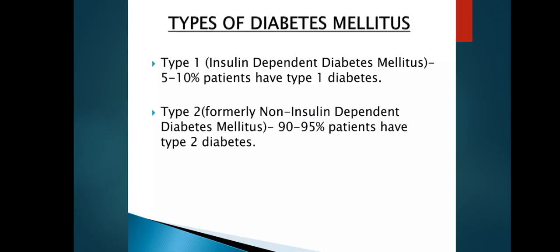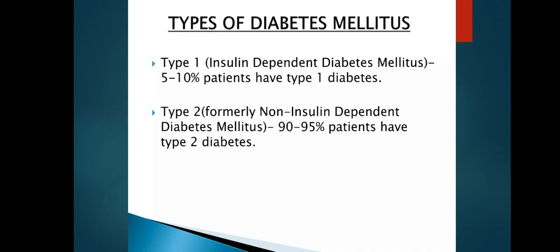Types of diabetes mellitus. There are mainly two types of diabetes mellitus: type 1 and type 2. We will discuss type 1 first. Type 1 diabetes mellitus is also known as insulin dependent diabetes mellitus.